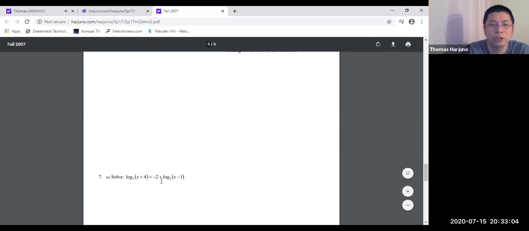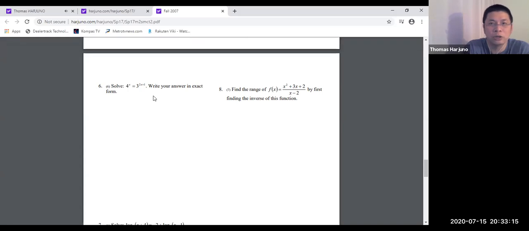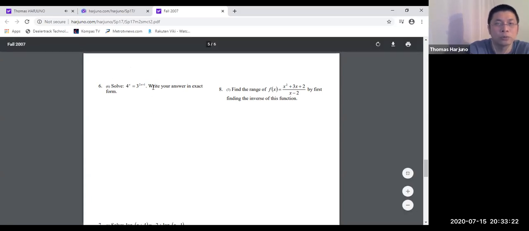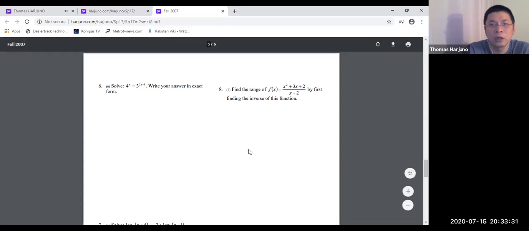So the log equation, you don't worry about that, at least not now. That will be in your test 3. But exponential function, exponential equation, the basic one, you should know. This number 6 here requires you to know some log to do, so you don't need to know that equation. But the basic exponential equation you should know. The question number 8 here is actually a common question, so you need to know that.